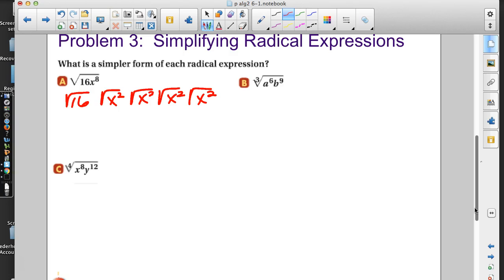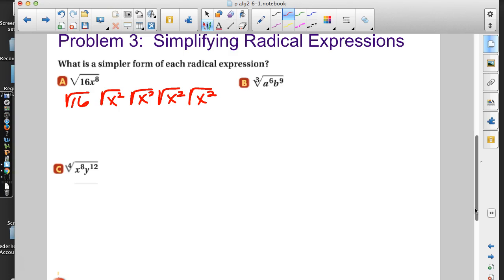So take a peek at what I'm doing. X squared times x squared times x squared. I do it 4 times, 2 plus 2 plus 2 plus 2. That's our 8. And radicals can only be multiplied by other radicals. So if we multiplied these back together, we would get the square root of x to the 8th.